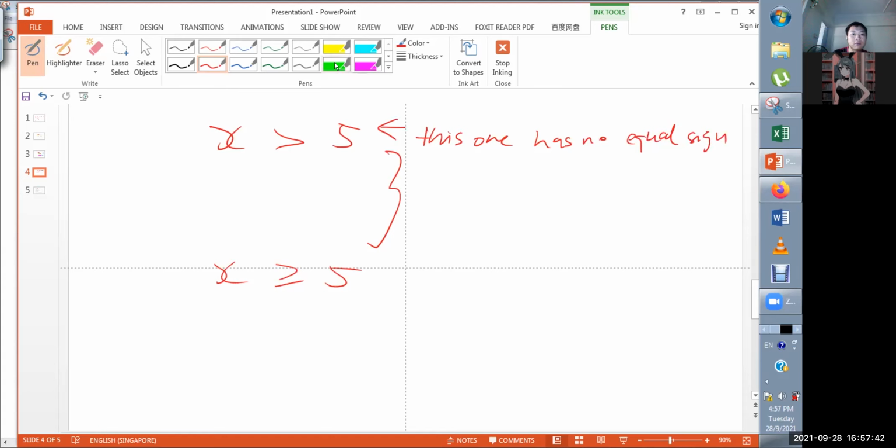There is just a bigger sign. Then of course the one below has an equal sign.